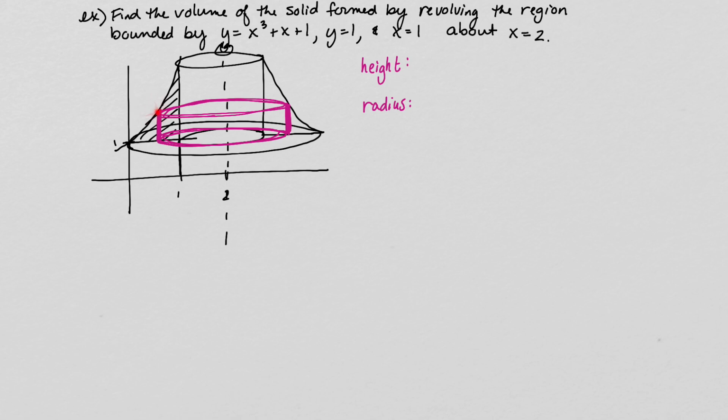The top of the height is sitting on that curve, the x cubed plus x plus 1. So the top height is going to be x cubed plus x plus 1.